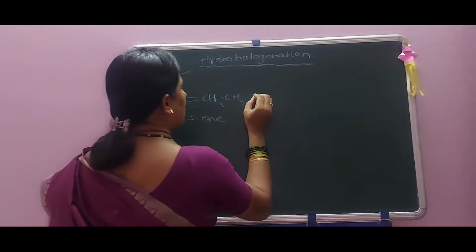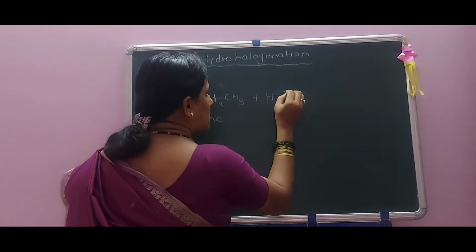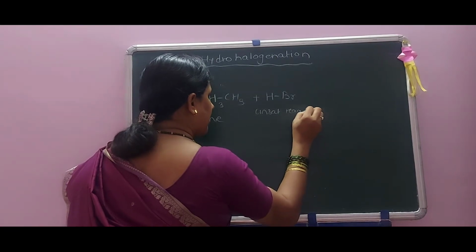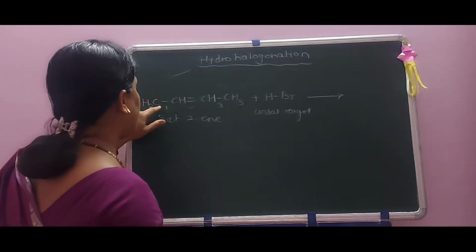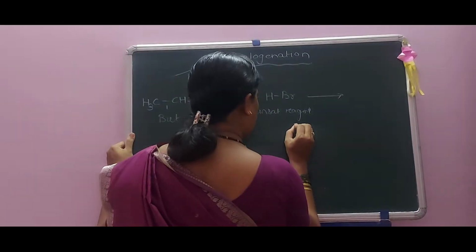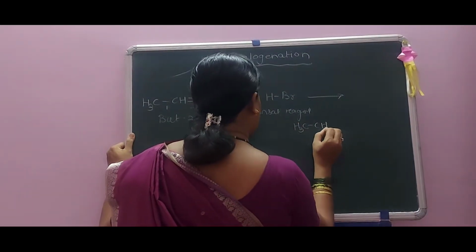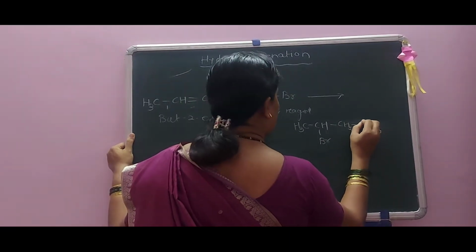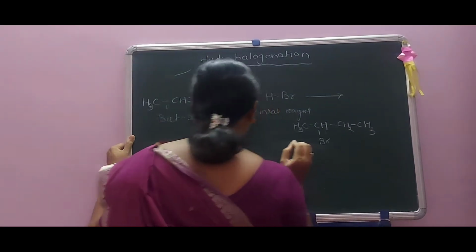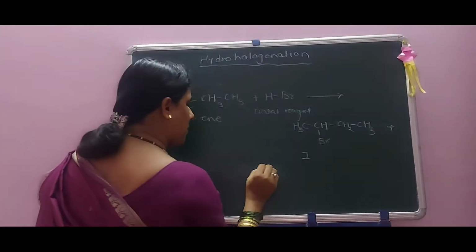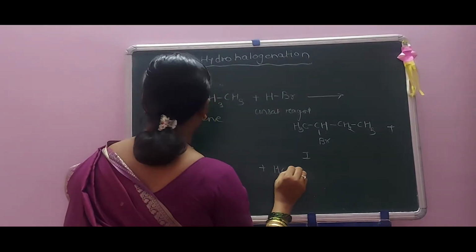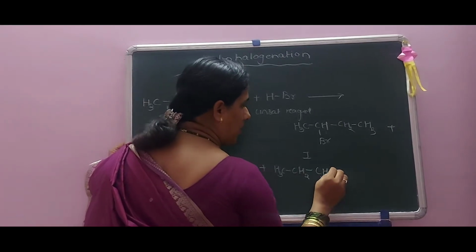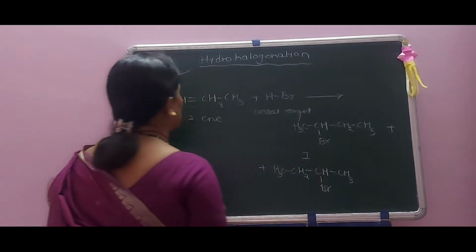Now on addition of this unsaturated reagent, the formation of either product, and here also the two products are the same. That is CH3 CH Br CH2 CH3, this is the first product, or the second product, that is CH3 CH2 CH Br CH3.